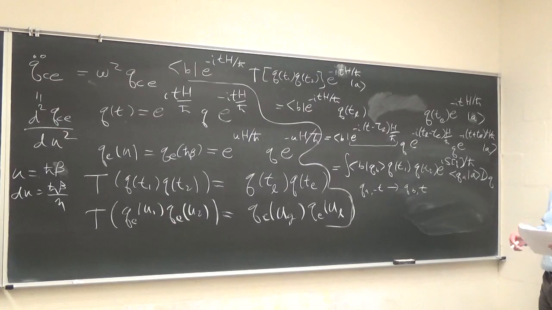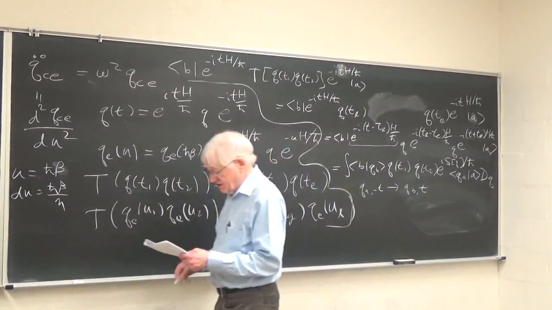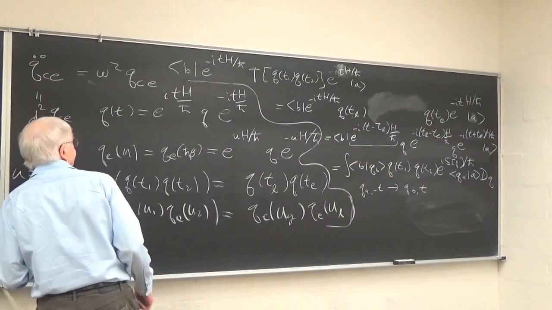Now this simplifies if we choose as A and B eigenstates of the Hamiltonian.